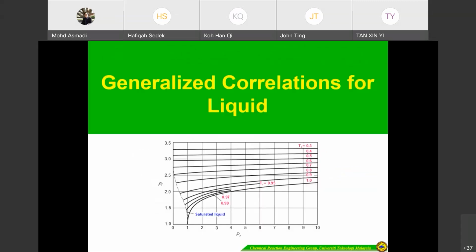So let's see the generalized correlation for the liquid. Is it too fast? I hope you can follow what I say.